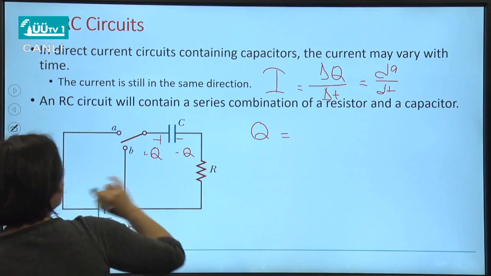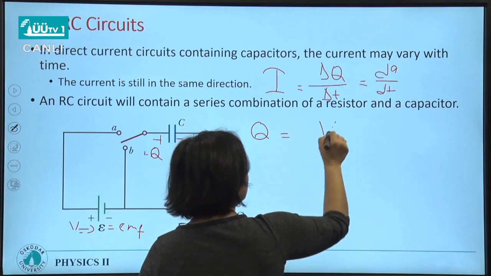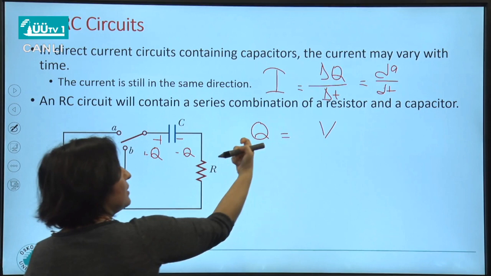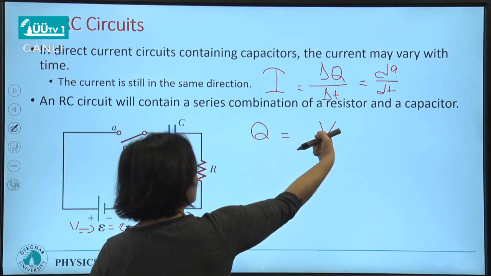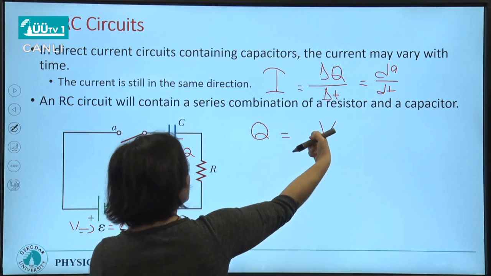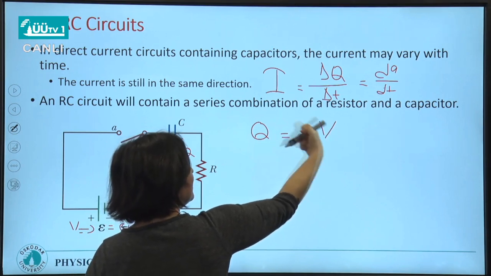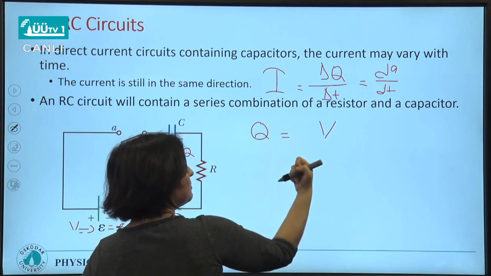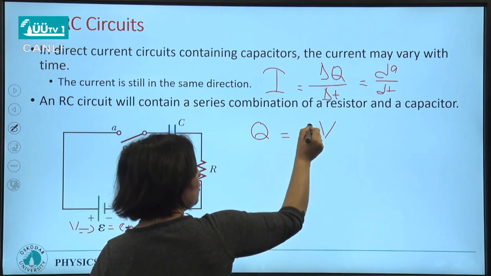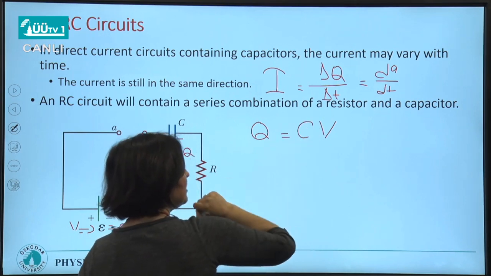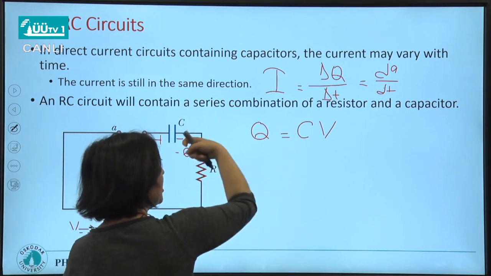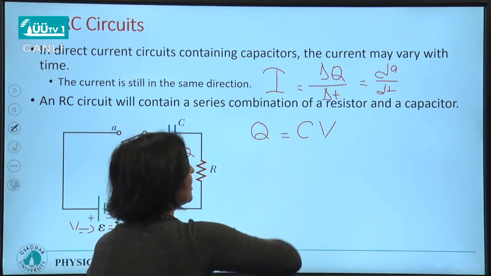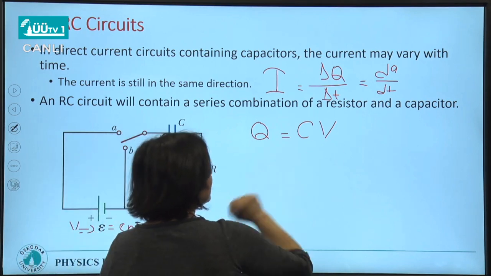I'm changing it because maybe you remember this version: the charge on each plate is directly proportional to the potential difference which we connect to the capacitor. There is a constant of this proportionality, which we call the capacitance of the capacitor, and it is constant if we don't change the shape of the capacitor. Okay, remember this formula.